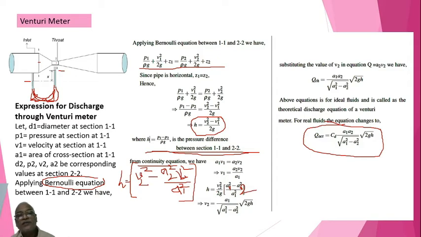Okay, that's how you get this expression: H equal to V2 squared by 2g in the bracket (A1 squared minus A2 squared) divided by A1 squared.